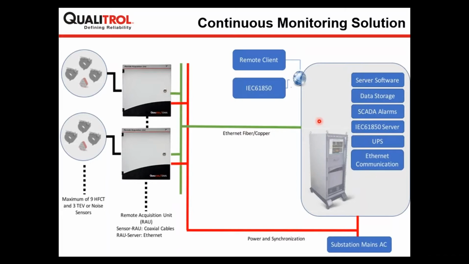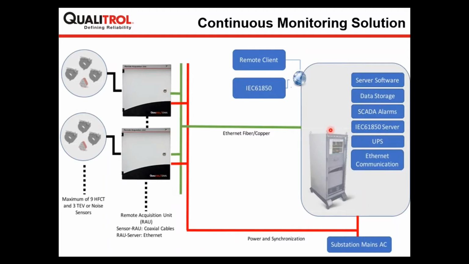And you can access the central server using an IEC 61850 client, or you can use Qualitrol software, which is the remote client, and you can visualize different graphs and different partial discharge activities on all the RAUs which are connected or configured for the server.